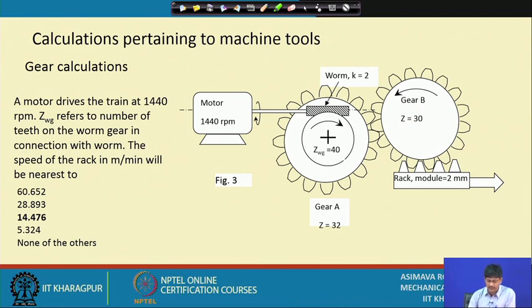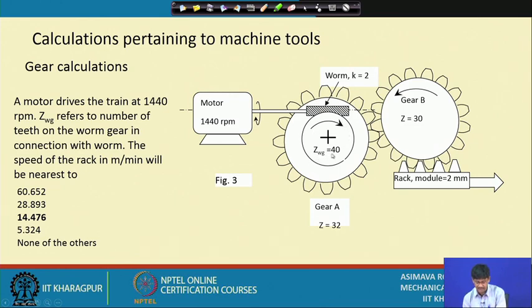The motor rotates at 1440 rpm. ZWG refers to the number of teeth on the worm gear in connection with the worm. That is understood. The speed of the rack in meters per minute will be nearest to... So, what do we have here? The motor is connected to the worm, number of starts is equal to 2. This is the worm gear, its teeth have not been shown.